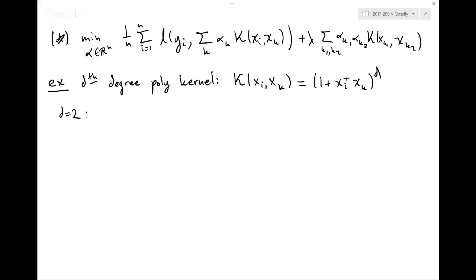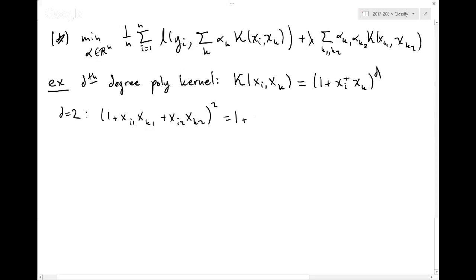Just give me two-dimensional vectors, I can take their inner product, add 1, and raise it to the d. So if d was 2, which was our example beforehand, then this is just equal to 1 plus xi1 times xk1 plus xi2 times xk2, squared.